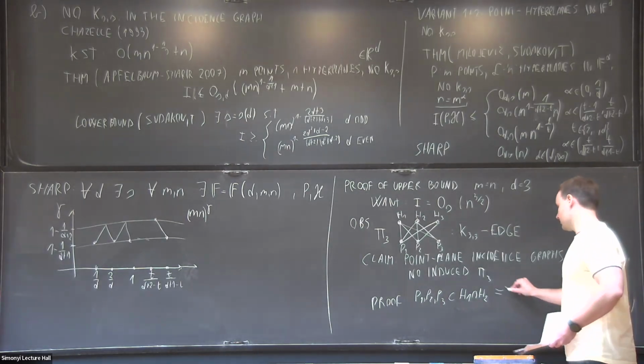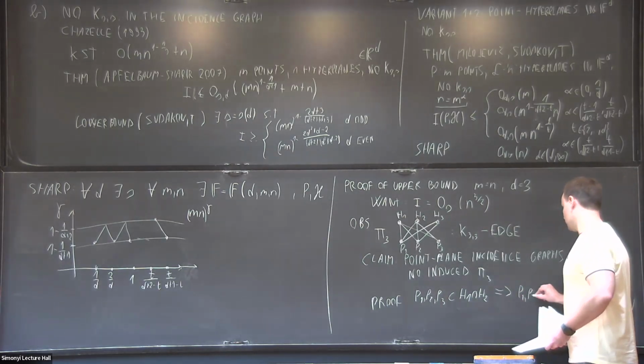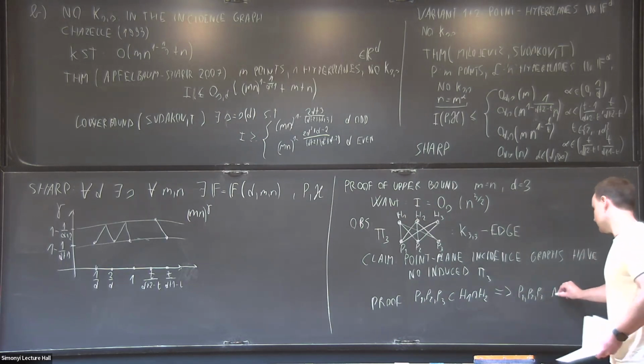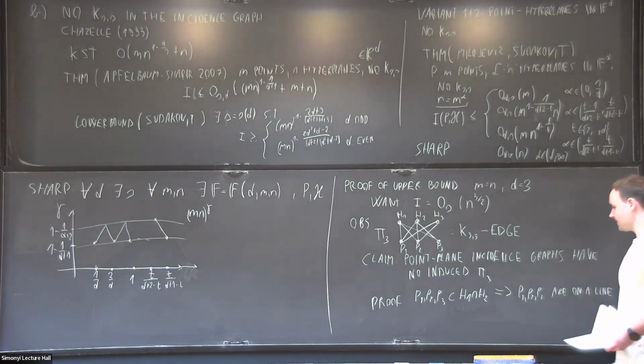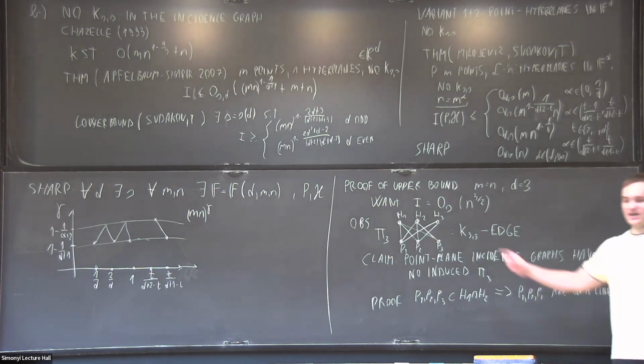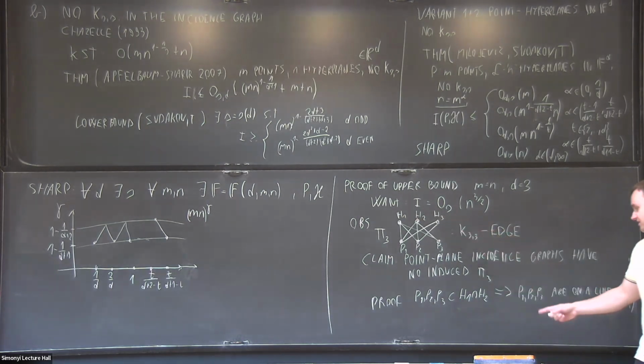So in particular, we just get that P1, P2, P3 are on a line. But note that H3 still contains P1 and P2.